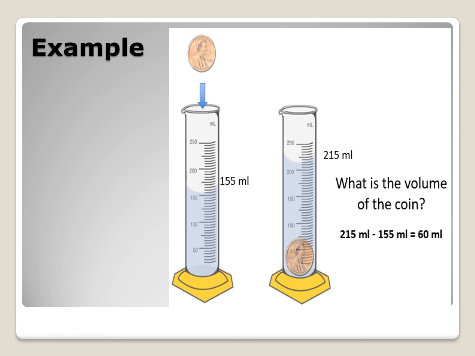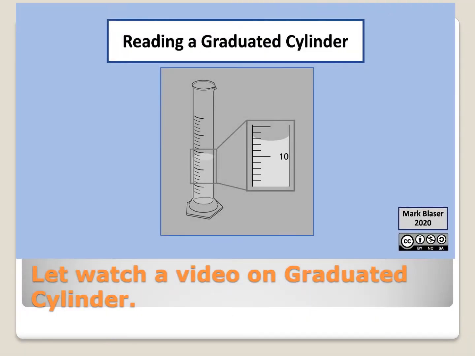We previously stated that you will subtract the initial reading from the final reading, and the difference will be the measurement or the volume of that irregular shape. So in this case, guys, once we subtract, we end up with 60 milliliters.